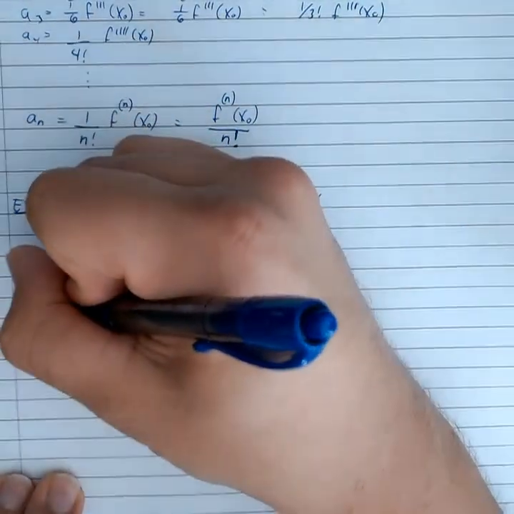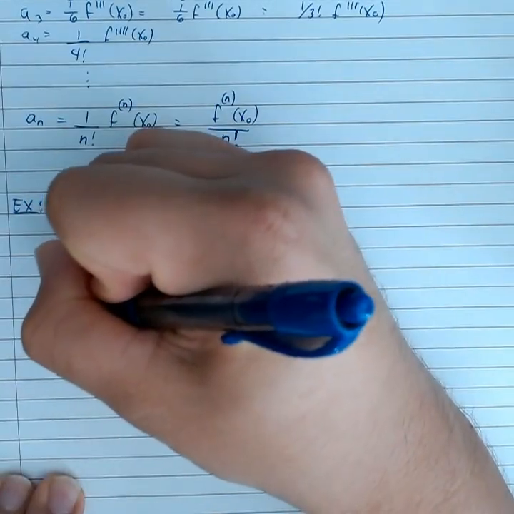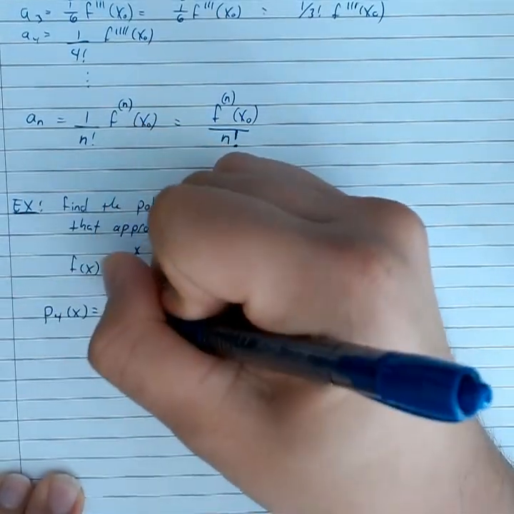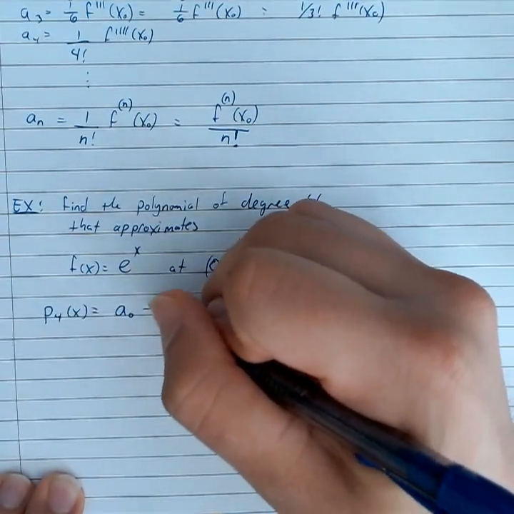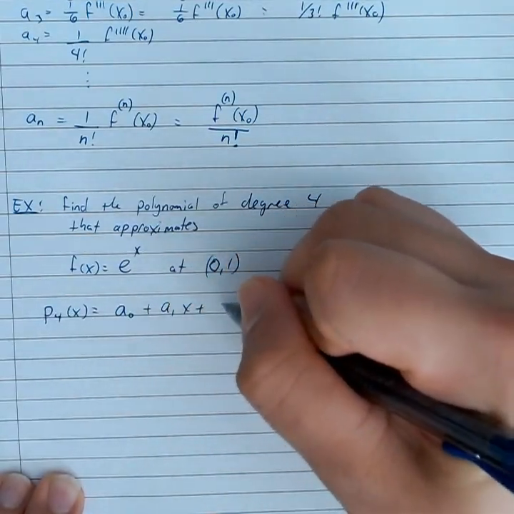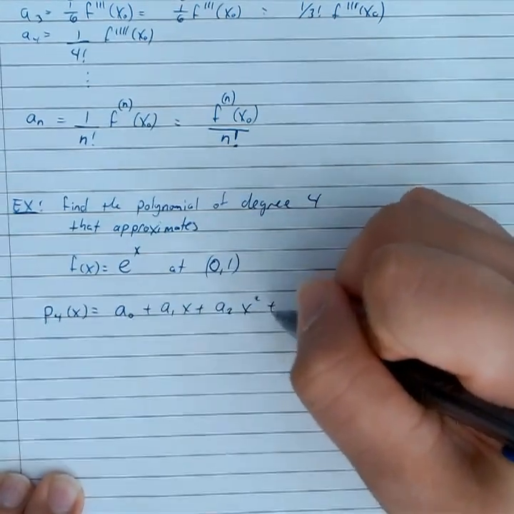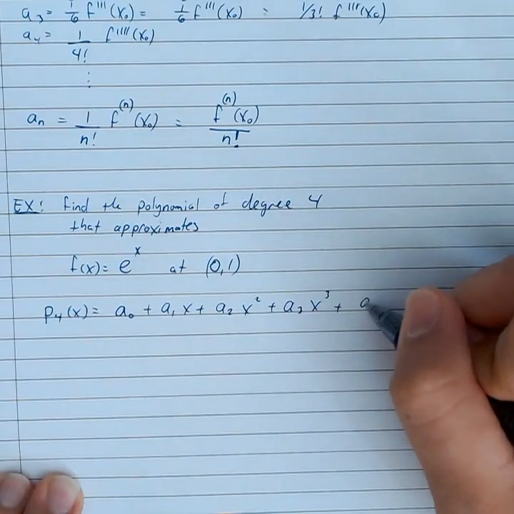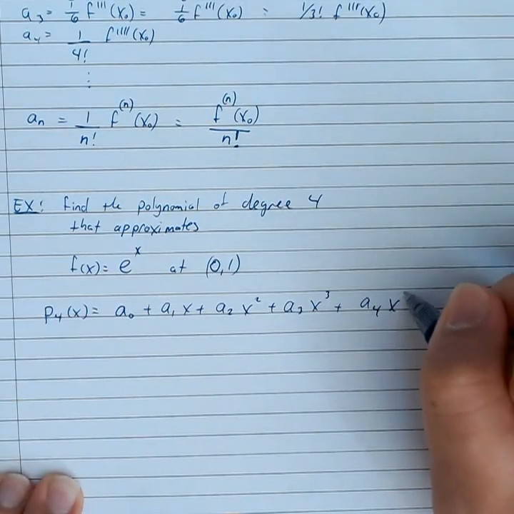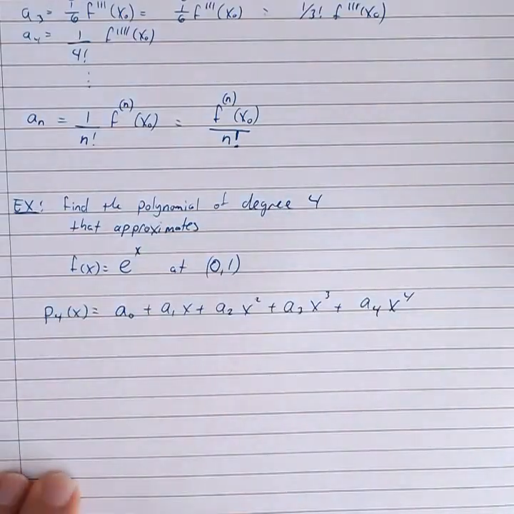Here what I want is p sub 4 of x, which is a polynomial function with degree 4. So that's going to be a sub 0 plus a sub 1 x plus a sub 2 x squared plus a sub 3 x to the third plus a sub 4 x to the fourth, since we're looking for a fourth degree polynomial.